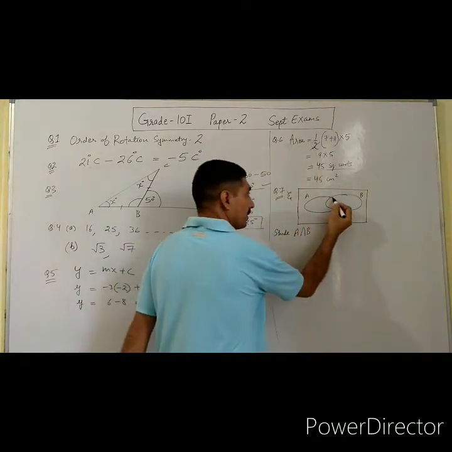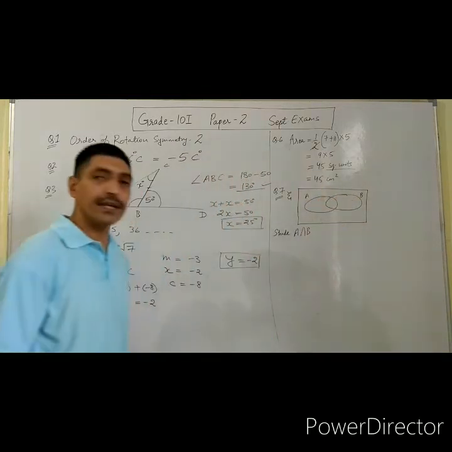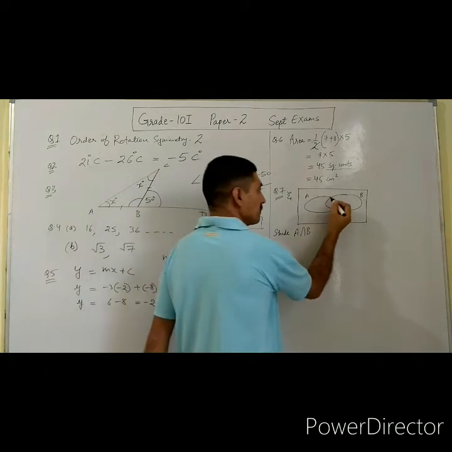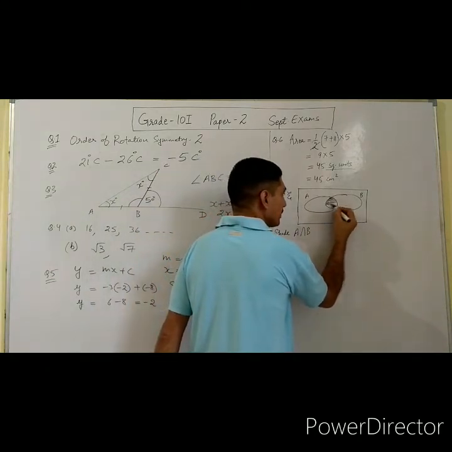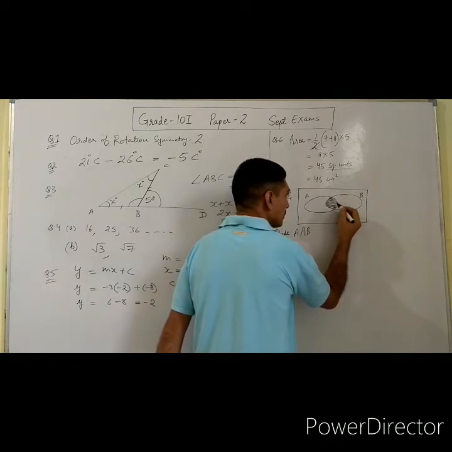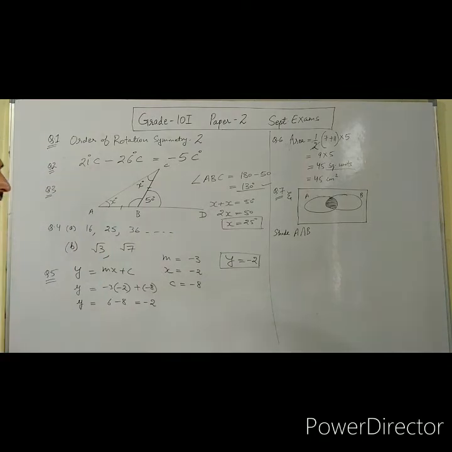If we shade everything, that is A union B, but the portion which is common, the shaded portion, is A intersection B, right?